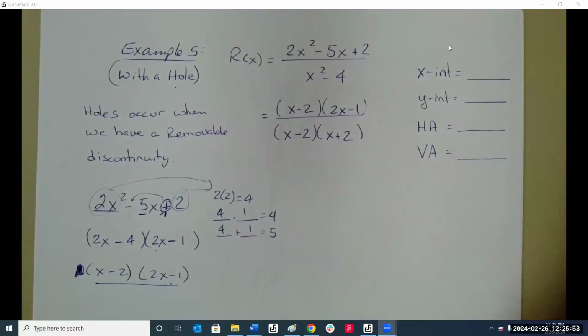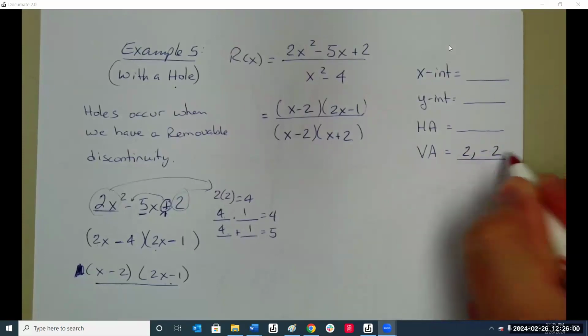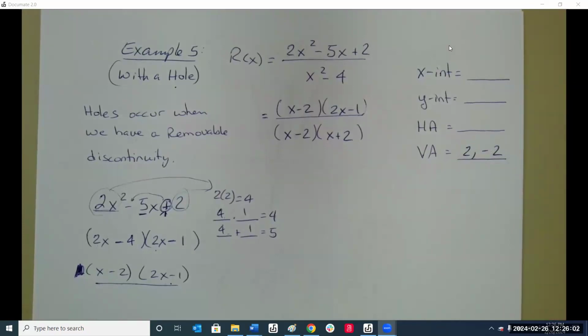So do we have vertical asymptotes? Two and negative 2. Yeah, let's take it from there. I'll get to that. You have to look at the original function.